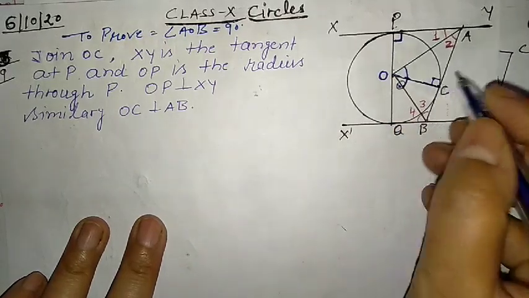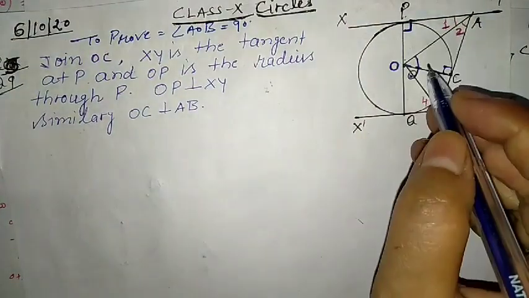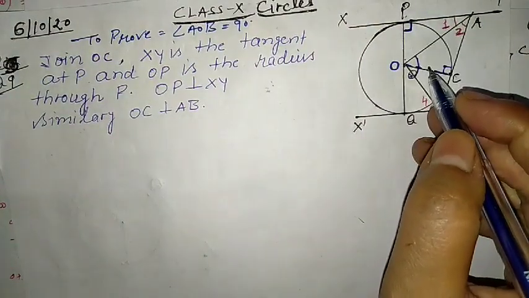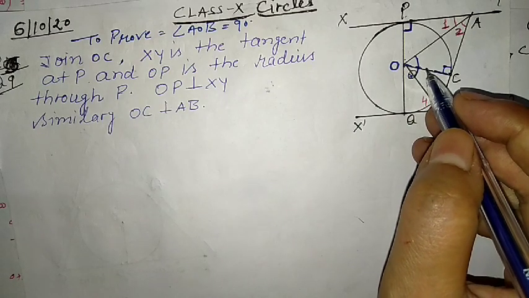The reason we write here: the tangent at any point of a circle is perpendicular to the radius through the point of contact.